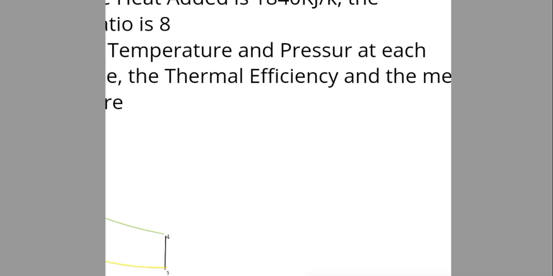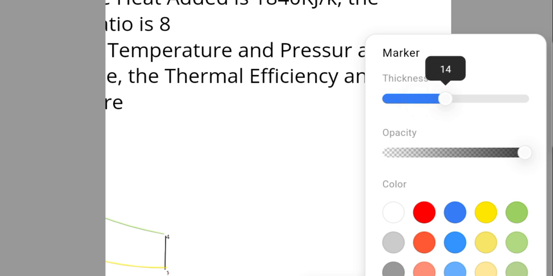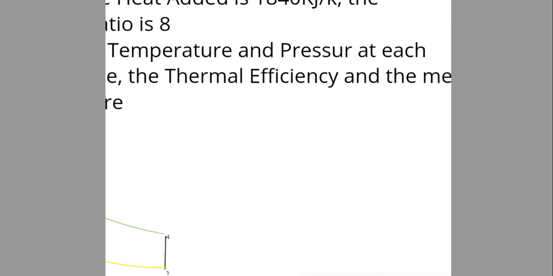So we write our temperature, T1 is equal to 27 degrees Celsius.